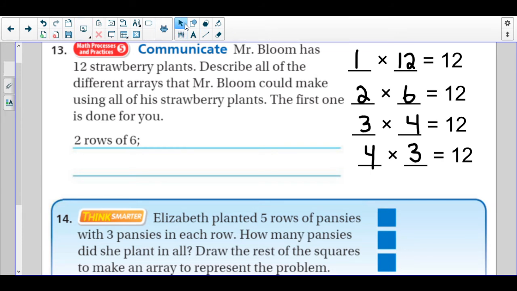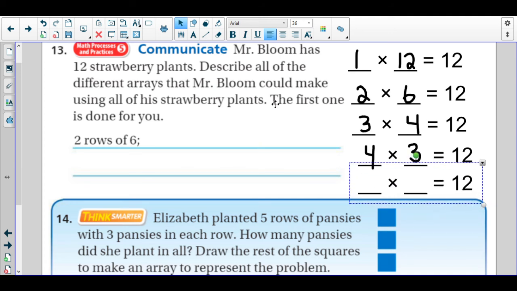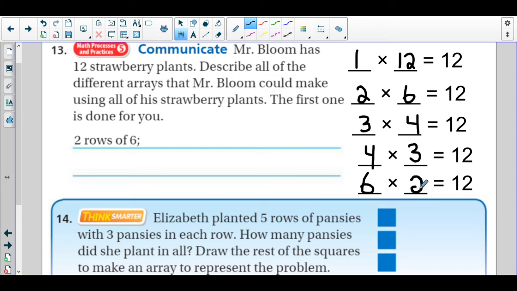What about 5? 5 times what number gives me 12? Well, I can't think of any. So 5 is not going to be one that we use. But what about 6? 6 times 2. That is going to give me 12. All right. And then we kind of just go on here. Let's see. 7? No. 8? No. 9? No. Well, hopefully you've seen a pattern.